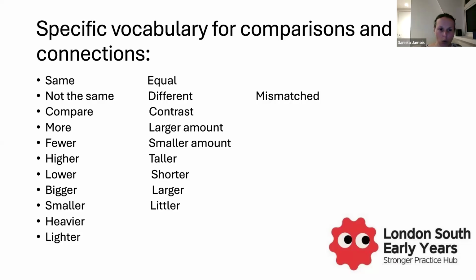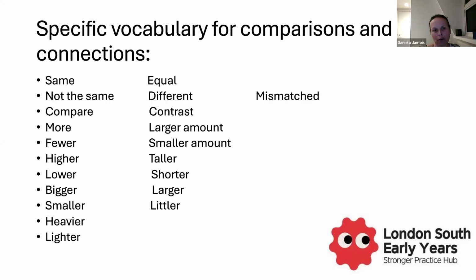You might use lower and shorter. You might flip those over. It really is dependent on your setting and how much you use those words. Generally, we use big and small before we use large and little.